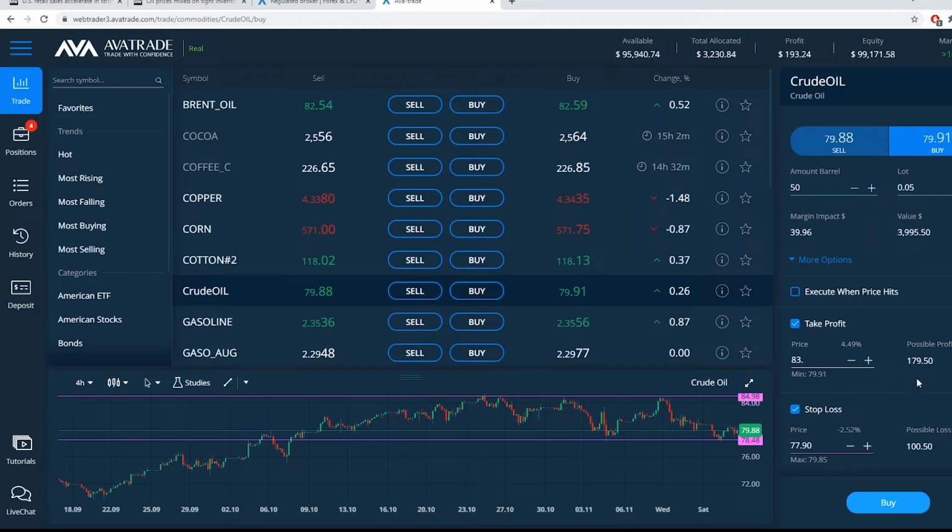And maybe I cheat that up a little closer to 84. Now I'm at almost double the potential profit compared to risk, a little less, and I'm getting out over $1 before that resistance level that we see here at about 85 is the resistance, and I'm getting out at 83.75.